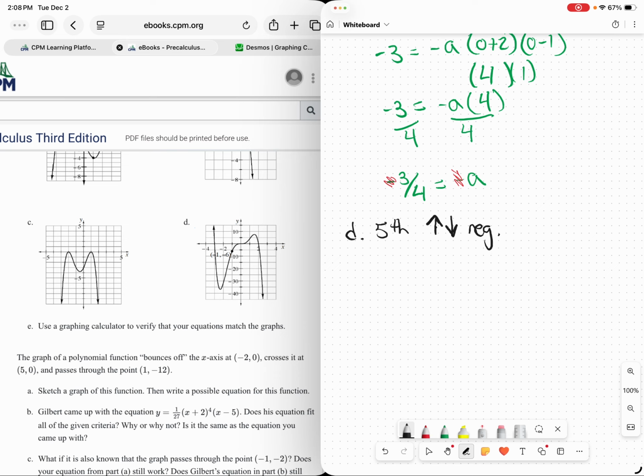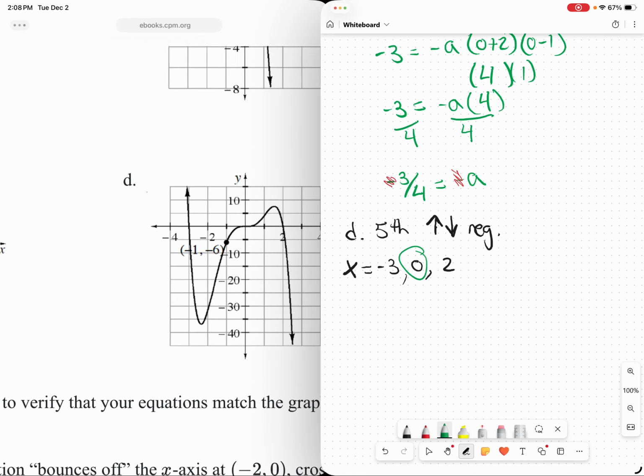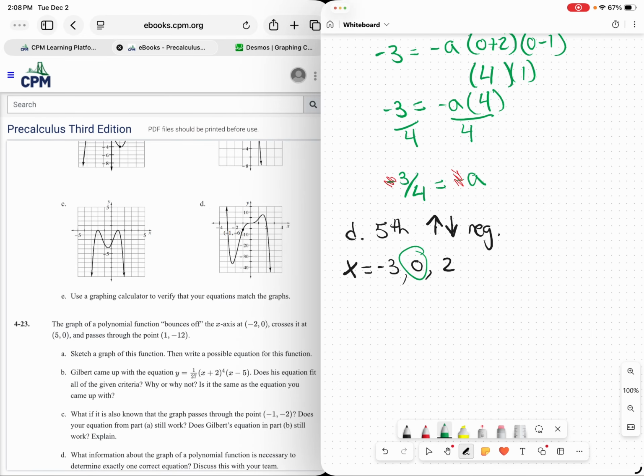Okay, and our zeros are at x equals negative 3, 0, and 2. But 0 is a triple root. See that? Now, it could be more than that, right? We learned yesterday that that's just flat. We can't quite tell if that's more than that. We know it has to be odd, so it could be a triple root or a 5th root, right? Or so forth or so on, but it can't be anything else, right?